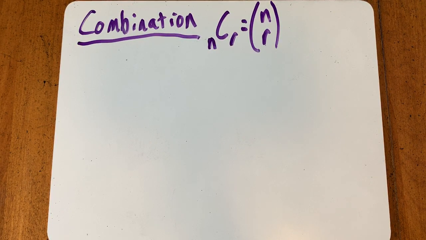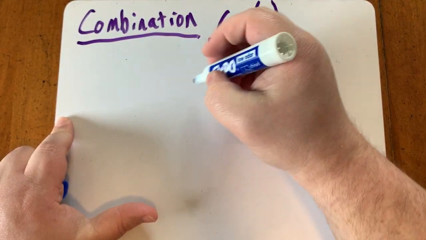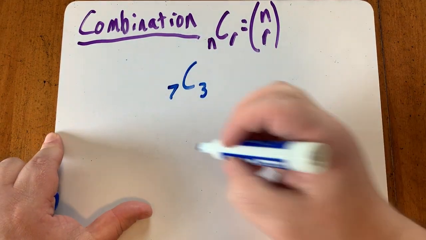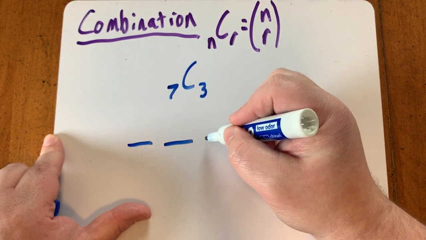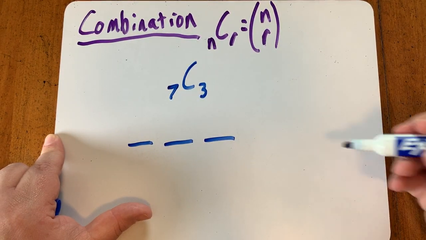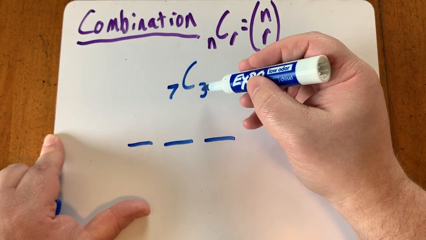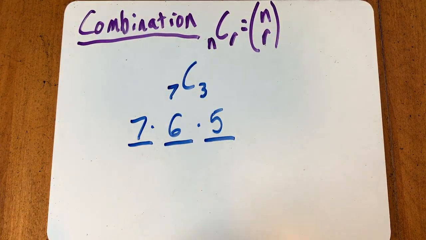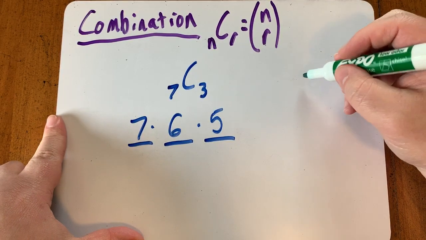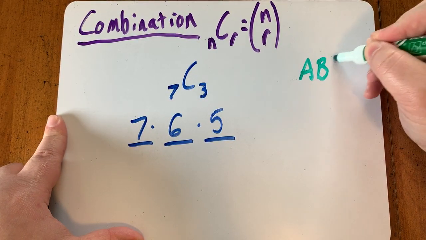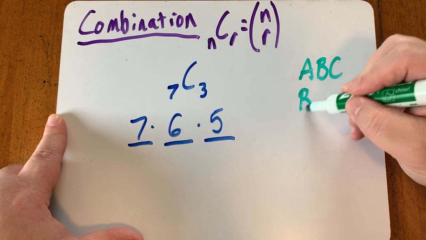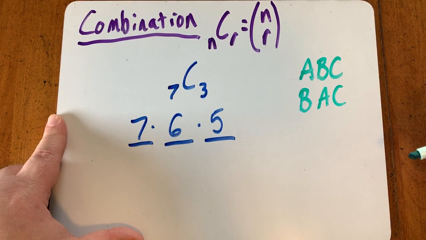So let's work with the same 7 things, taking 3 at a time. So if order was important, we'd have that 7 times 6 times 5. But let's say we had the group A, B, and C. This is the same group BAC.